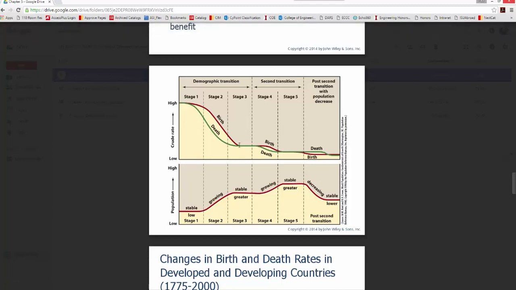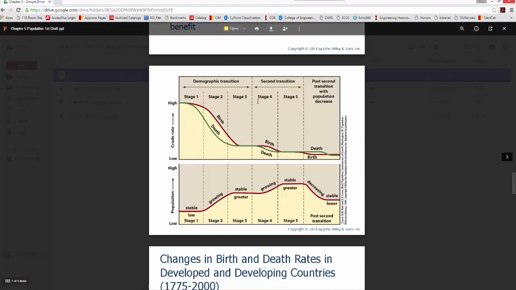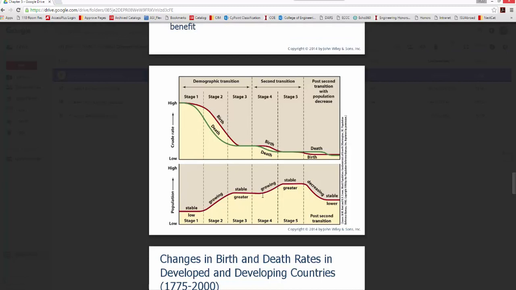Now you notice here as you go from stage 3 into stage 4, birth rates early on in stage 4, we're now in a second transition, we've moved beyond stage 3, birth rates stay the same, however there's a secondary drop in death rates, and so we begin to see growing of population again.